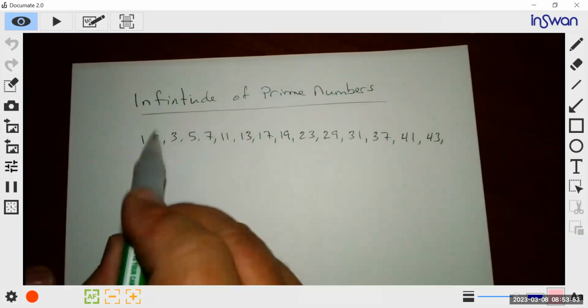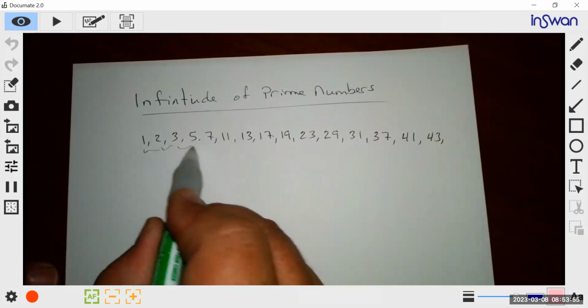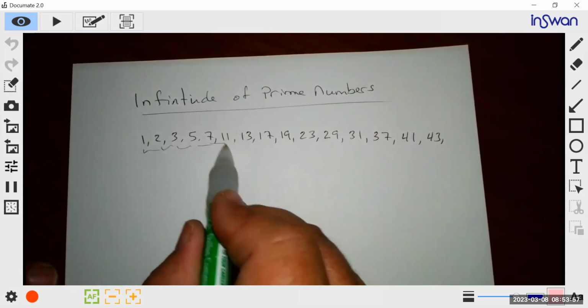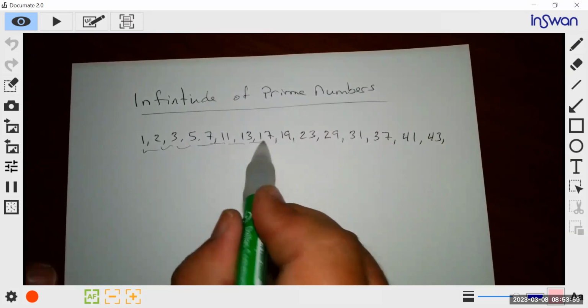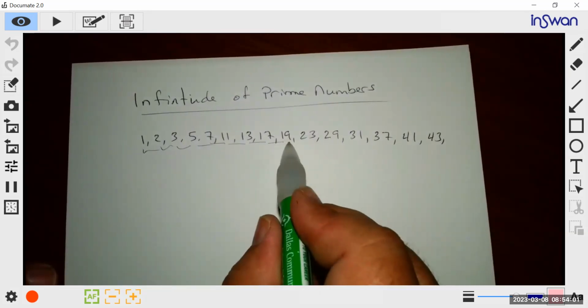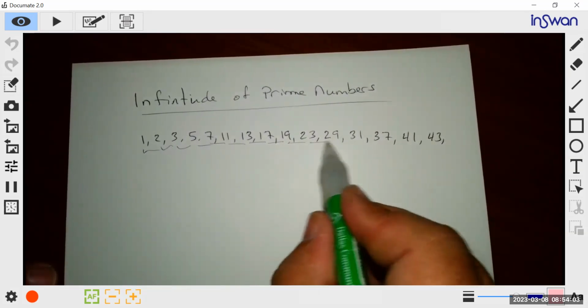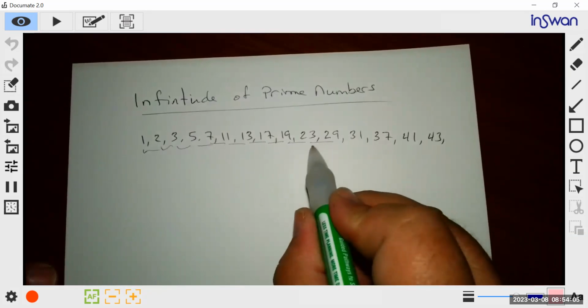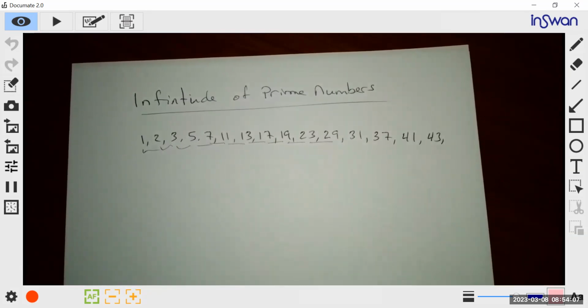But you see these are all pretty close together. This is 3 numbers apart, 2 apart, 4 apart, 2 apart, 4 apart, 6 apart. Because of that, the gap between the next prime numbers gets bigger and bigger.